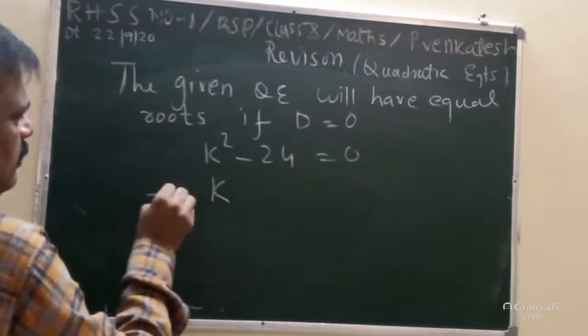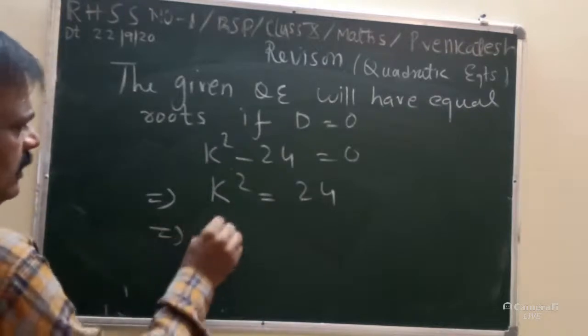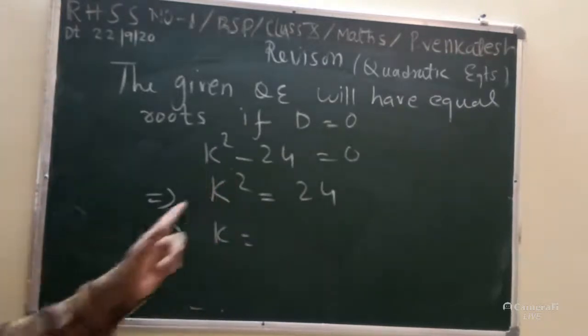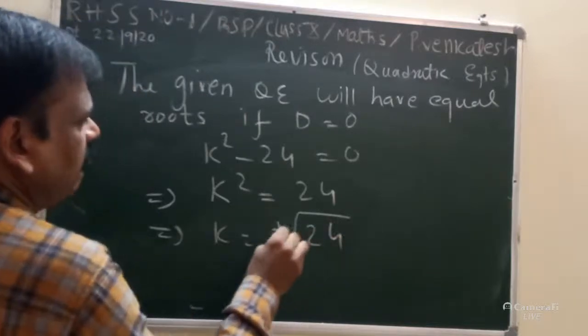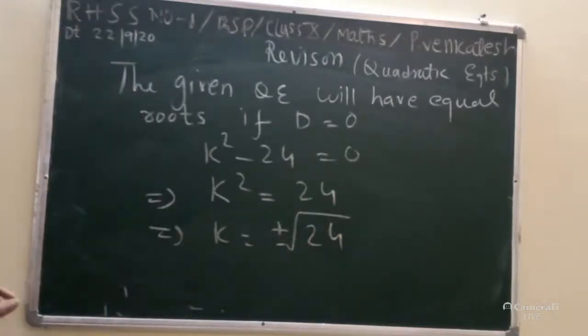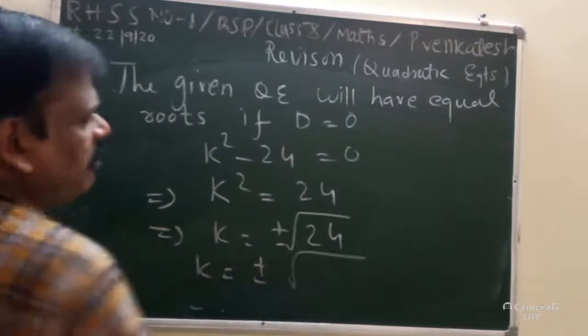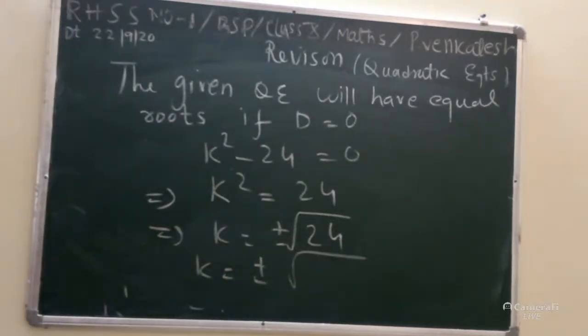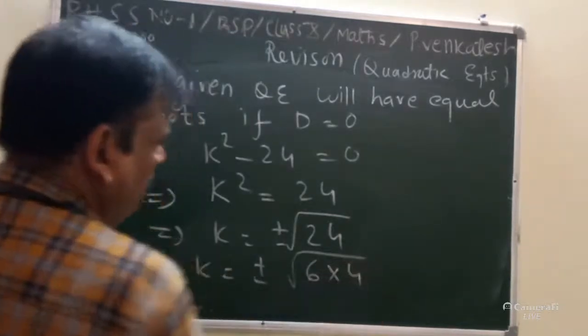Or k square, this implies k square equal to 24. Or this implies k equal to, when there is square, when you remove the square, this will become root here. And whenever you are putting the root, put plus and minus. k equal to plus minus root 24. You can write it as 6 into 4.